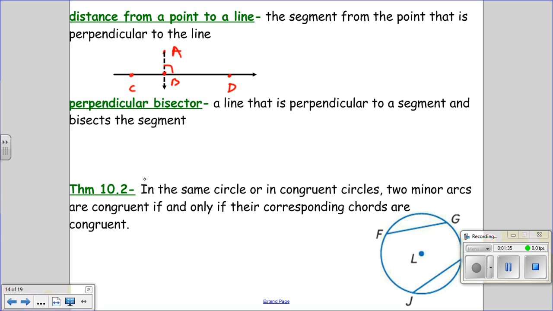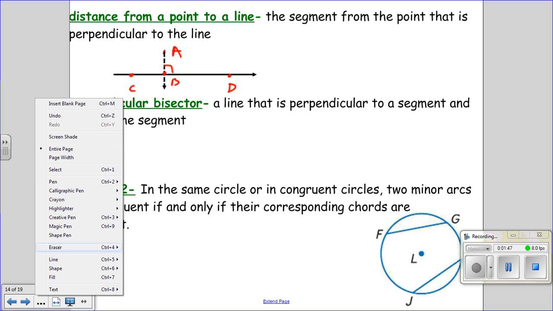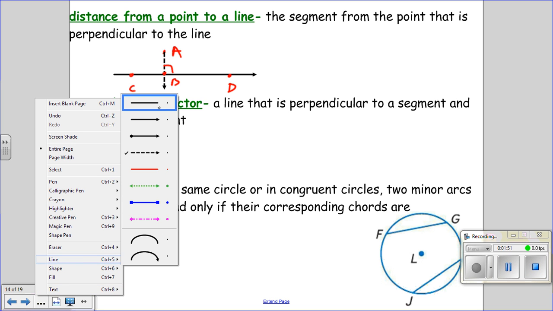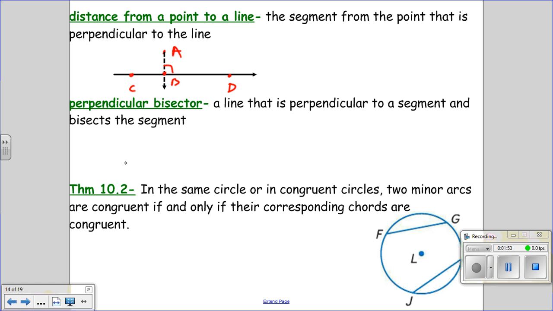A perpendicular bisector is a line that is perpendicular to a segment and bisects the segment. So for example, let's say I have another line. I'll call it CD again.